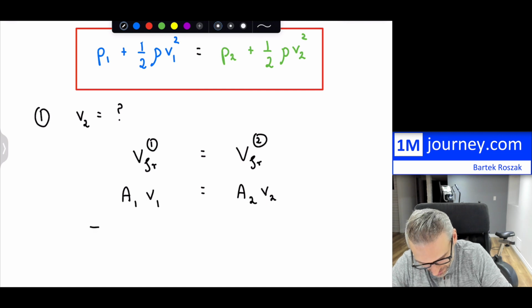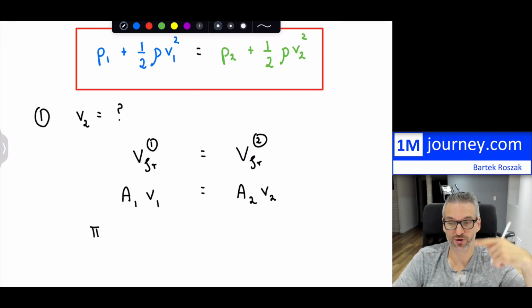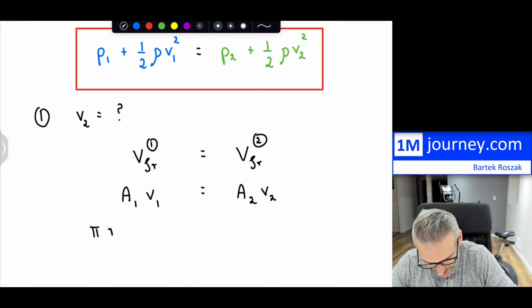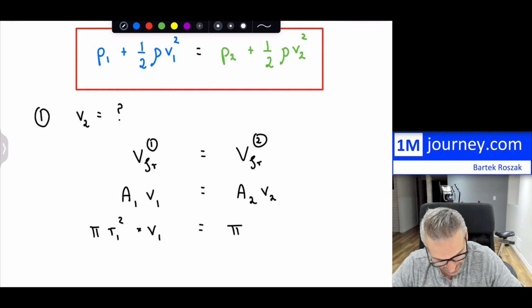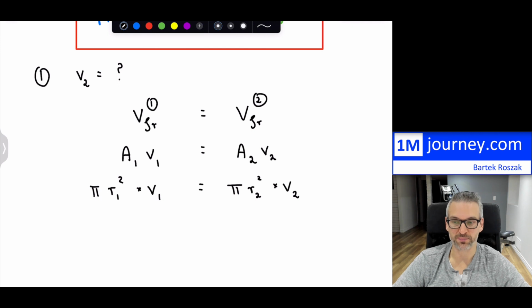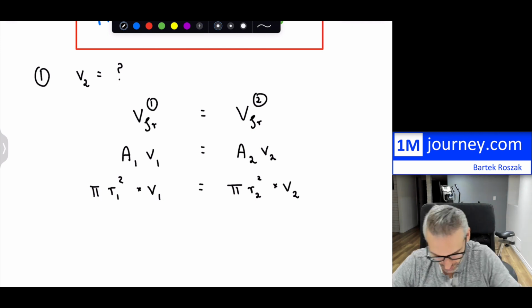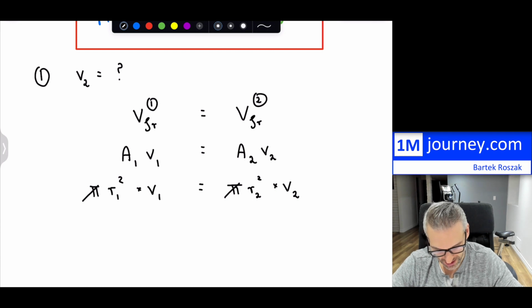We're assuming that it's a tube with circular cross-section, so this is pi r1 squared times v1 is equal to pi r2 squared times v2. So if I substitute all of the given pieces of information, the pi and the pi will cancel because they're both on the same side.